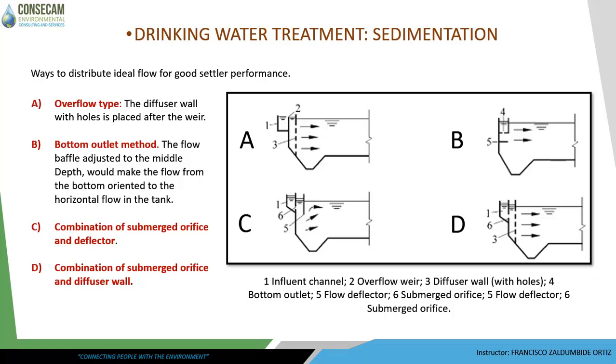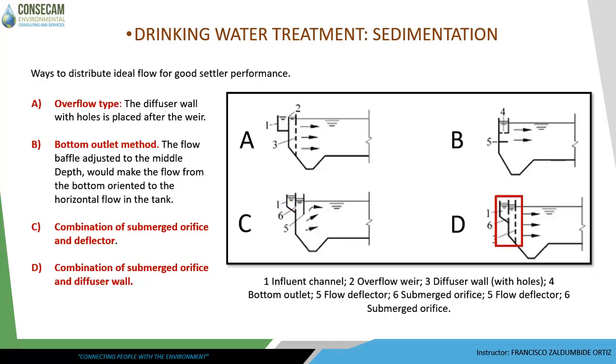Another way to distribute the water homogeneously is by the bottom outlet method, where there is a flow baffle set at the middle or mid-depth of the settler so that the incoming flow hits this horizontal partition and distributes the water in the tank. There is also the option of combining the submerged orifice and the flow baffle so that the water is introduced more or less through the center of the settler and distributed horizontally.